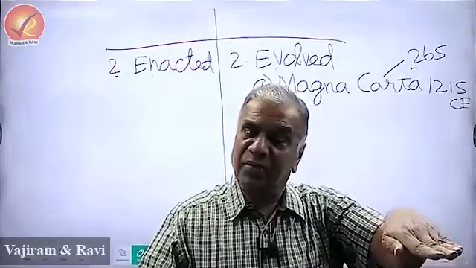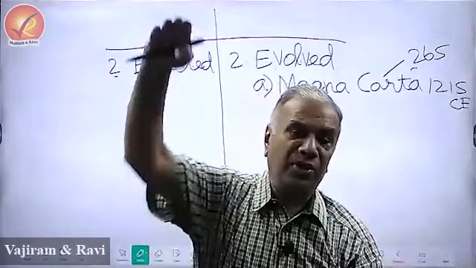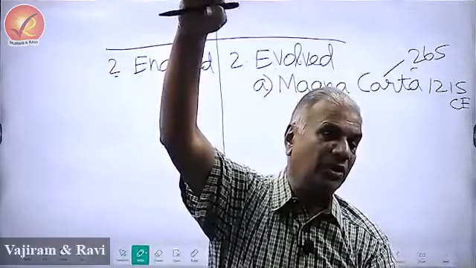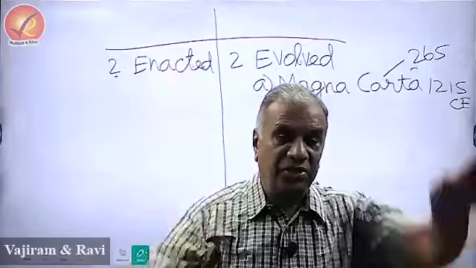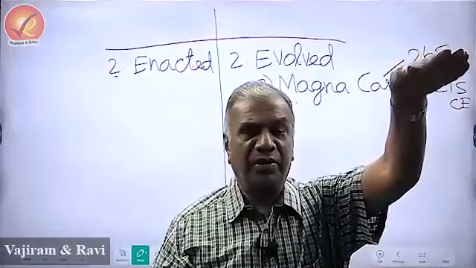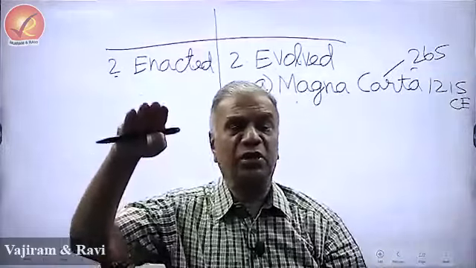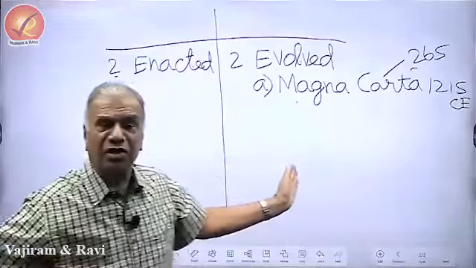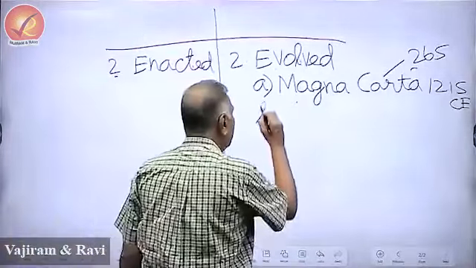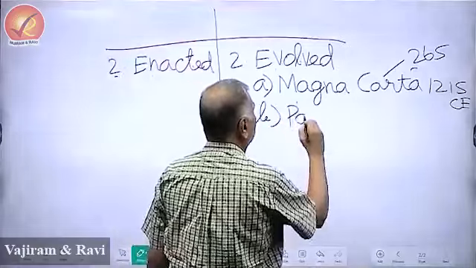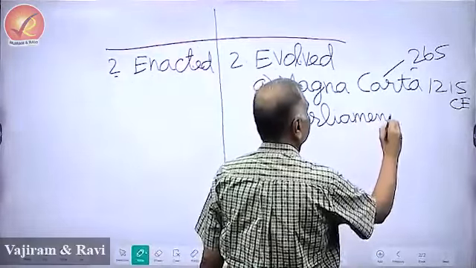And today what is the power equation between the king and the parliament? The parliament is all powerful and the king has almost no powers in England. So this journey in power equation between the king and the parliament is the story of the emergence of the unwritten constitution of England. Therefore, parliament also contributed to the emergence of the new provisions of the constitution.